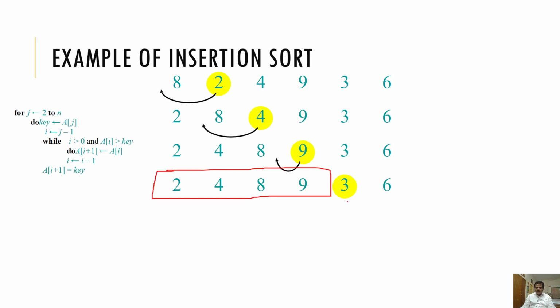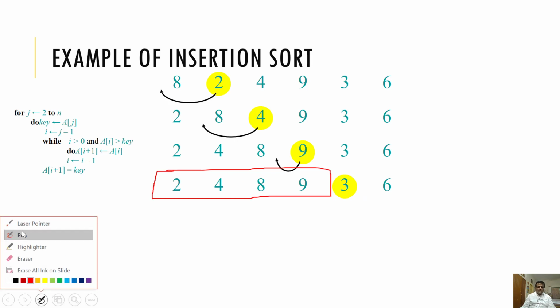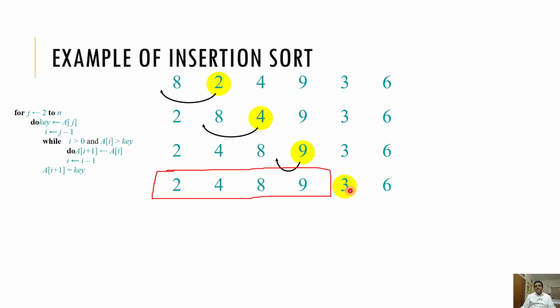Now for this aj we need to find the position where we can insert it. We start with this value, this is our new key, this is our aj, and this is our new i. Now we compare, this is less than, so we copy this 9 over here, and key 3 is already stored in the key.